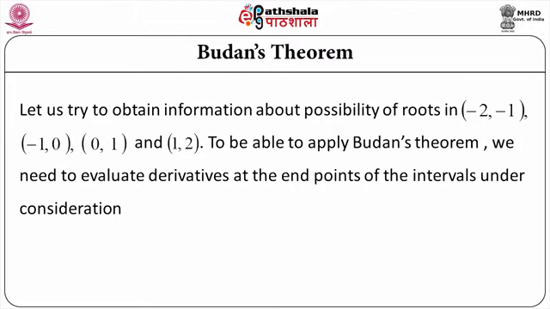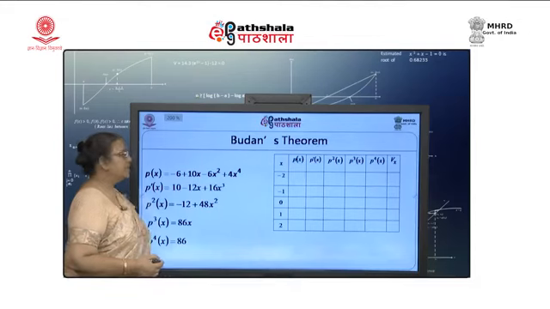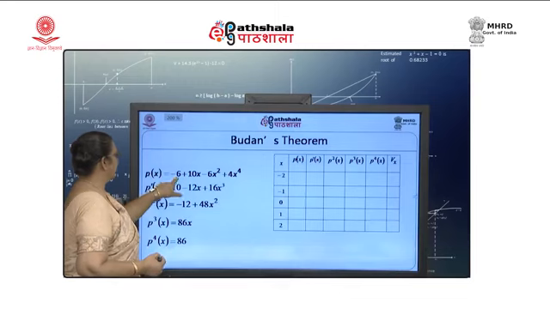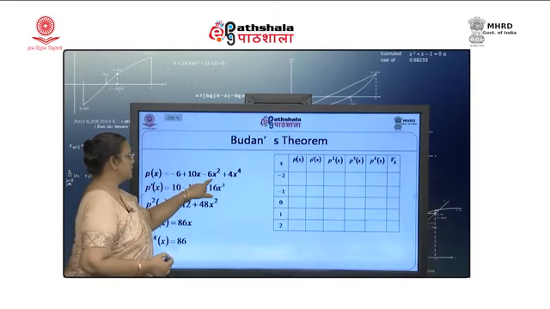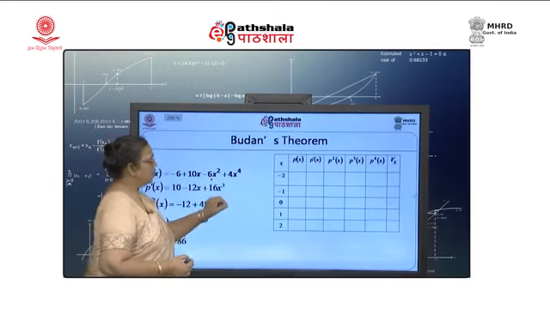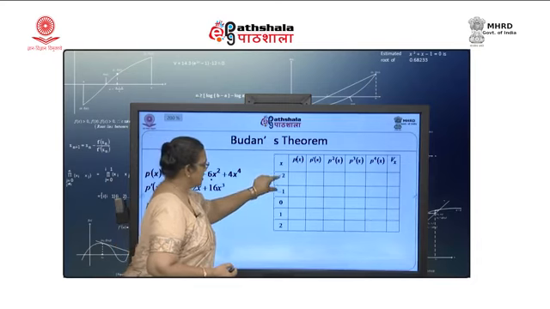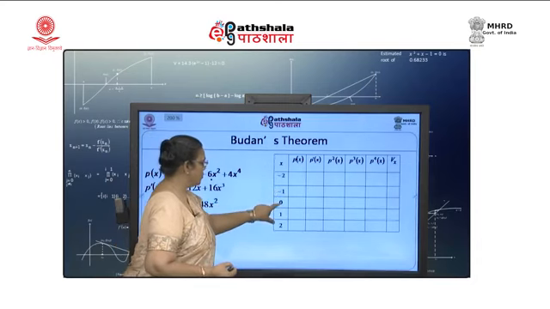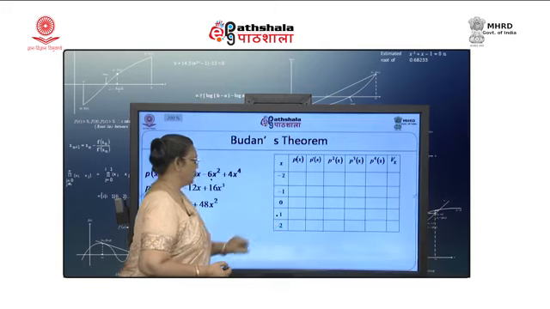Now, let us make the table for getting the values of the polynomial and the derivatives. Let us apply Budan's theorem to the polynomial p x given by minus 6 plus 10x minus 6x squared plus 4x raised to 4 to know the number of roots in the intervals minus 2 to minus 1, minus 1 to 0, 0 to 1 and 1 to 2.